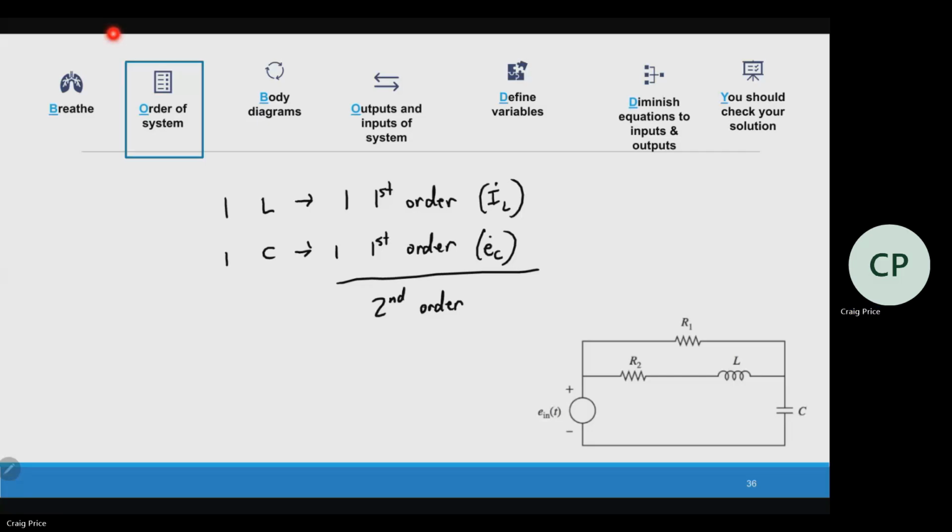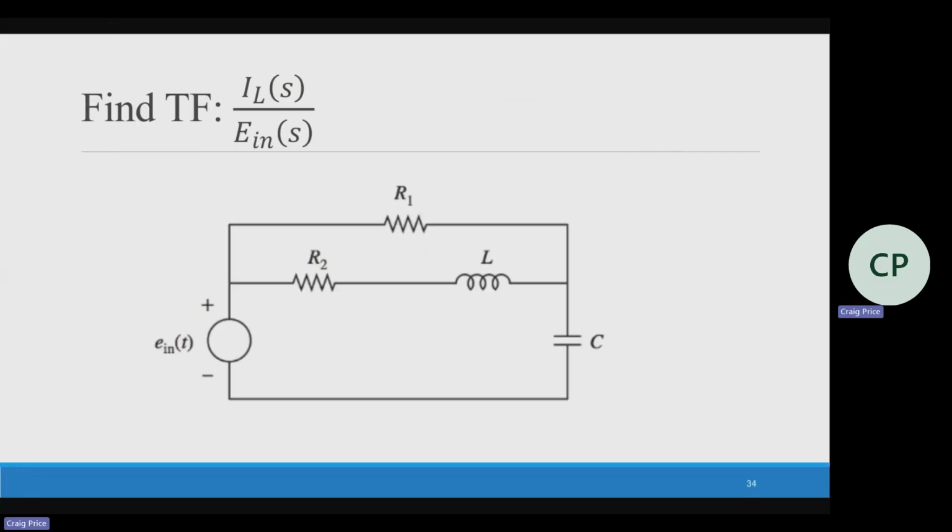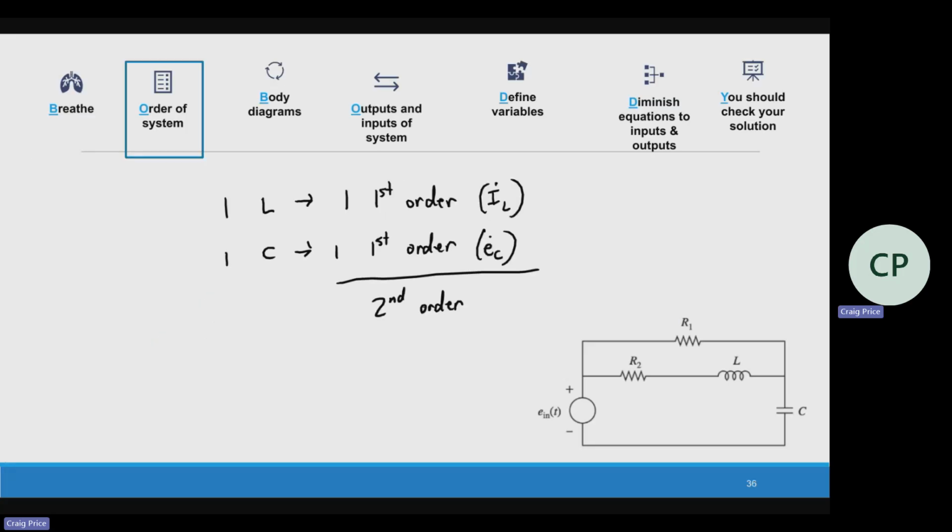The question wants the transfer function of the inductor current with respect to the input voltage. This is probably going to be a second order transfer function, so we'll have to do some rearranging and substituting to get there.